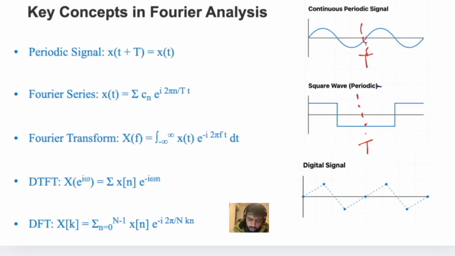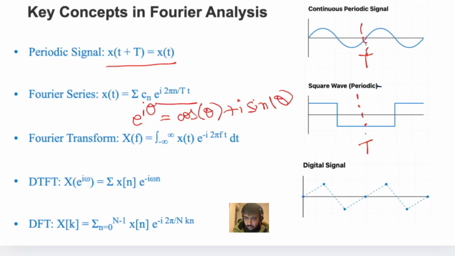It's defined as x(t + T) = x(t). The Fourier series allows us to express any periodic signal as a sum of complex exponentials, or here, sinusoids. If we consider Euler's identity, we know that e^(iθ) = cos θ + i sin θ.